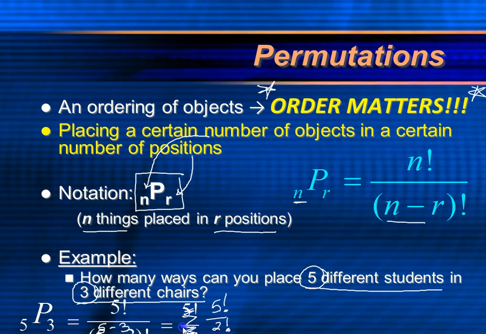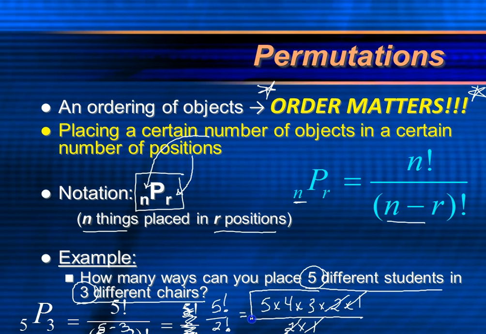I'll write it out for you since it's cutting off on the screen. 5 factorial over 2 factorial. Well, what is 5 factorial? 5 times 4 times 3 times 2 times 1 over 2 factorial, which is just 2 times 1. Now, what have we said about division? When we have straight multiplication, we can cancel things. What can I cancel? I've got a 2 on the top, a 2 on the bottom, a 1 on the top, a 1 on the bottom.